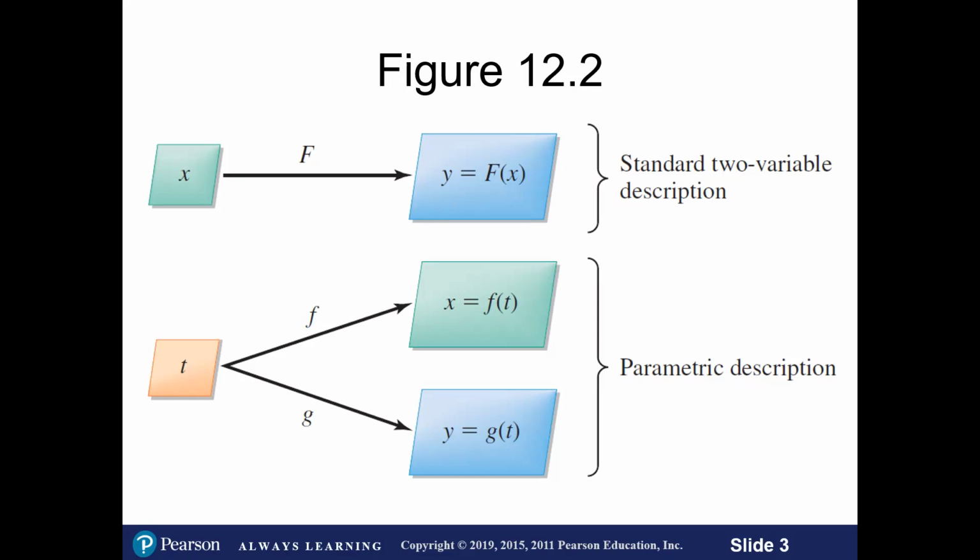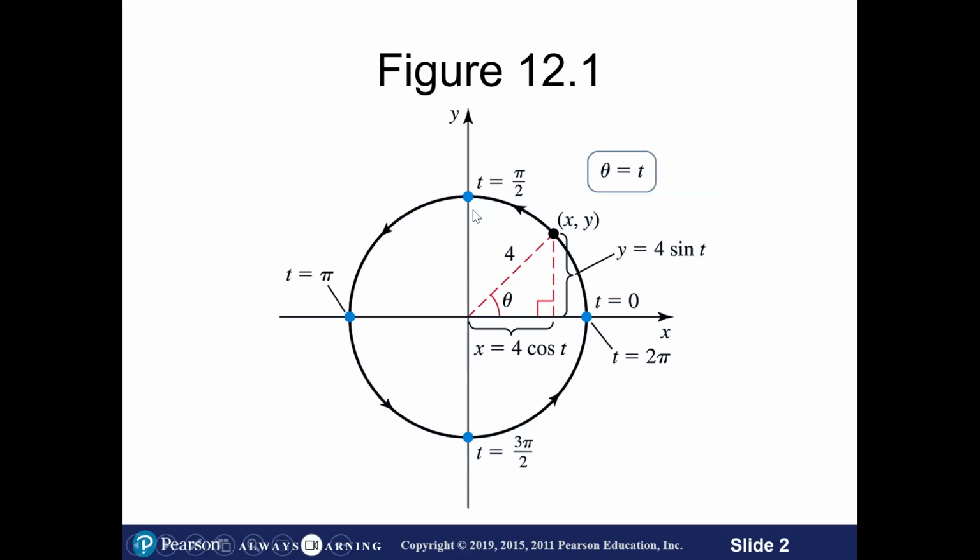But we know there's limitations on the sort of curves that we can represent that way, right? Our vertical line rule. We can't represent a curve like, for example, this one, a circle. It fails the vertical line rule. We can't represent that explicitly using the two variable form.